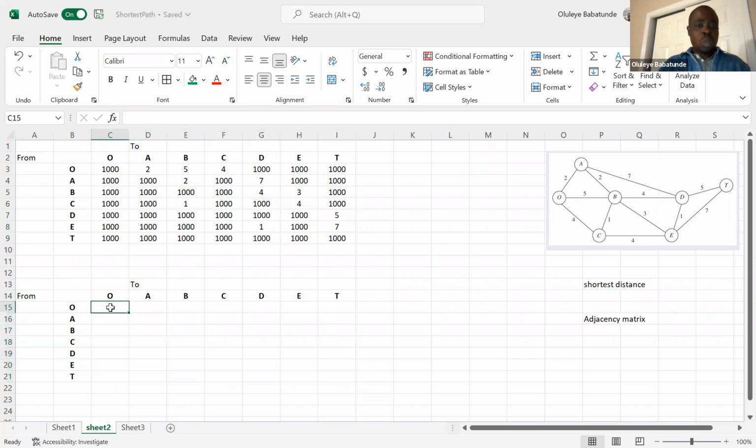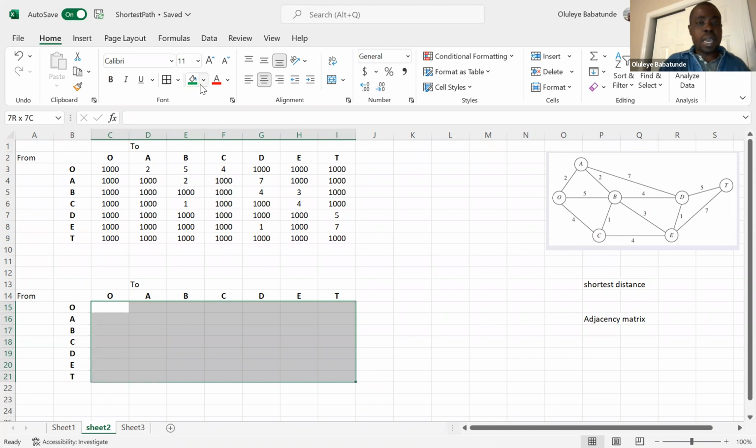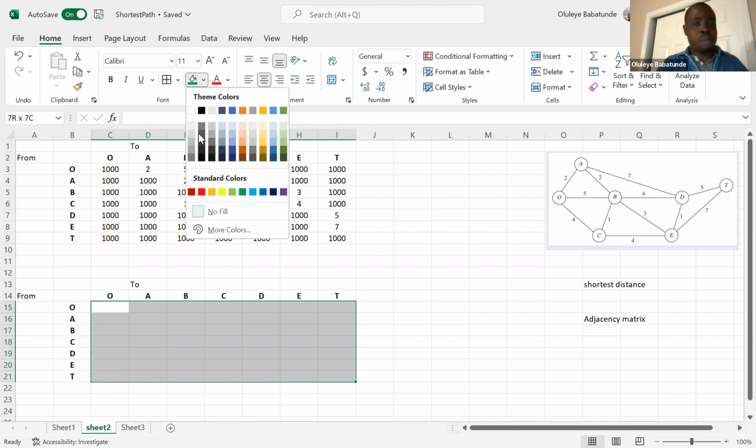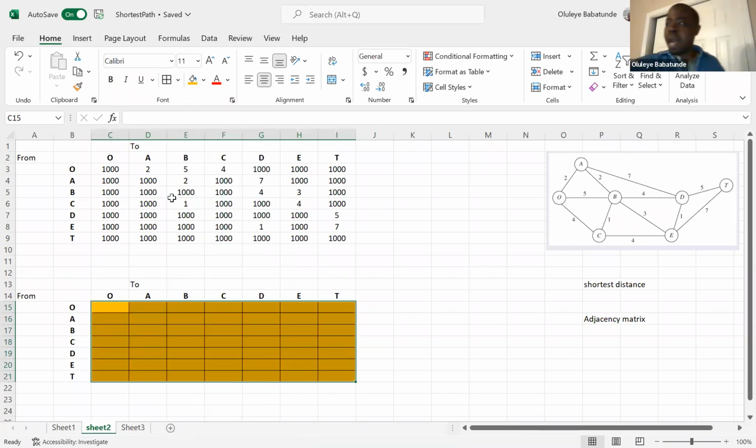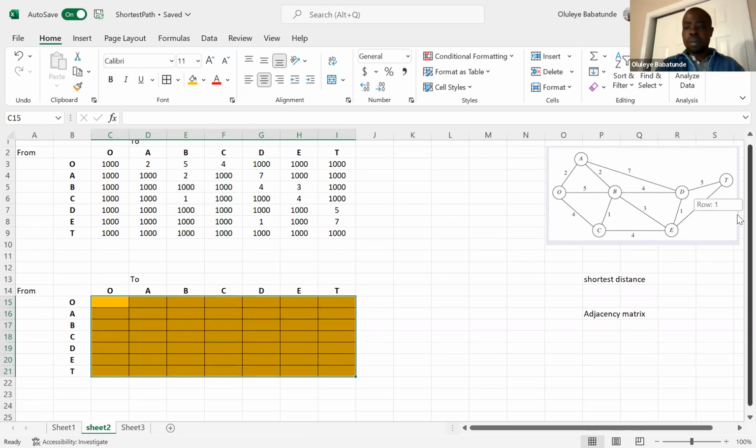All right, so this particular second square matrix, I'm going to make it orange cell. That is where my decision variable will be in.